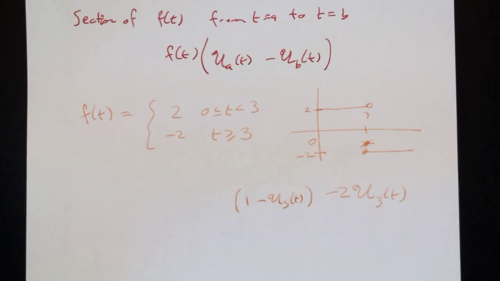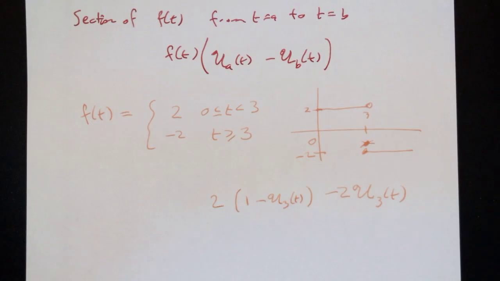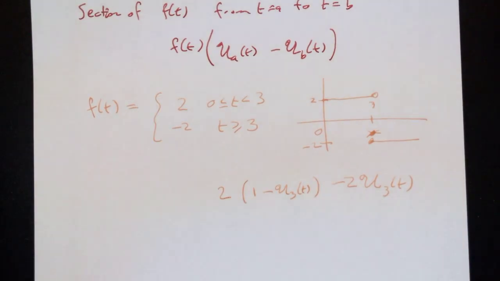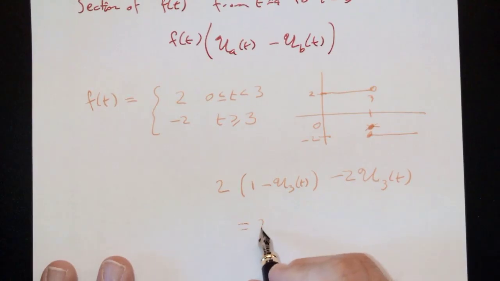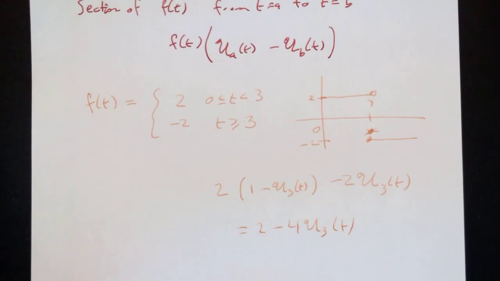Well, before 3, that would be on. After 3, that would be off. But I want that to have a height of 2, because we're starting out at a height of 2. Please notice that I can simplify this, and I can write this as 2 minus 4 u3 of t.